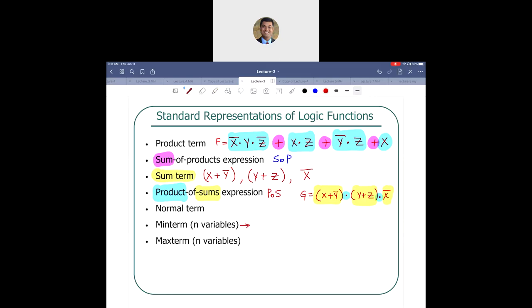A minterm is defined as a product term in which all input literals are represented in true or complemented forms.